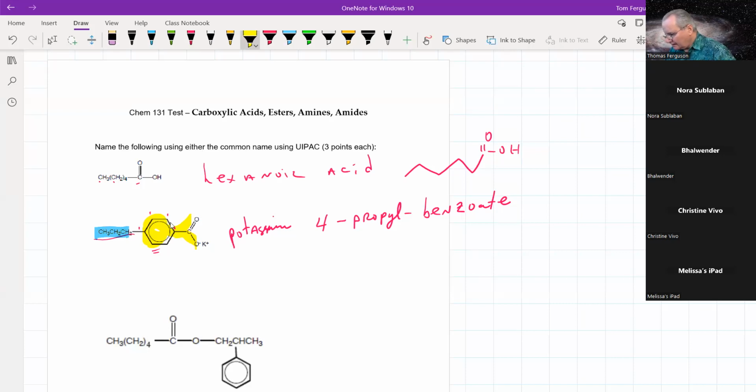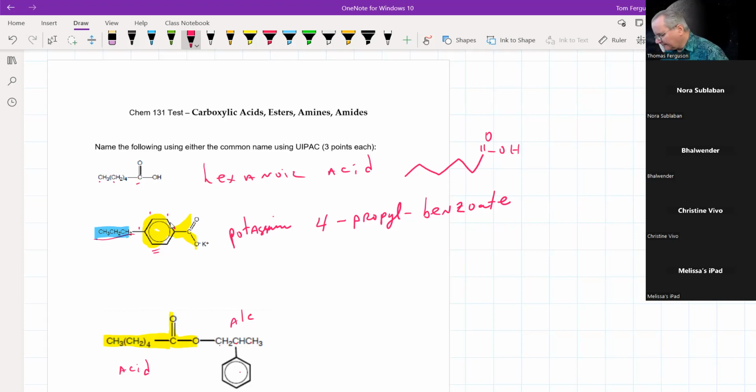Okay. This is an ester. So this would be the backbone on the acid part. And this would be the alcohol part, which would be a 3-carbon alcohol with a phenyl branch. So when you're naming esters, you name the alcohol part first.